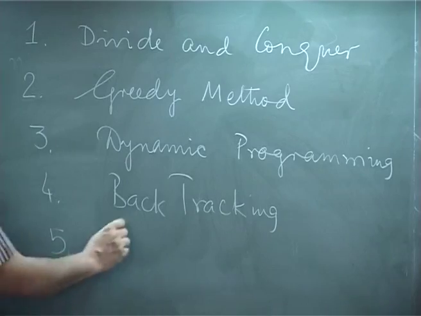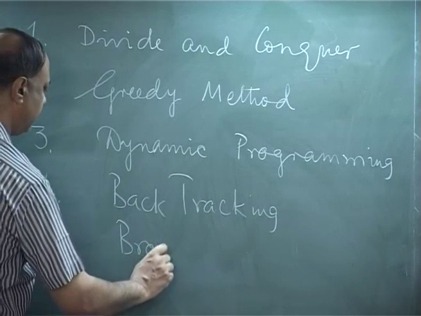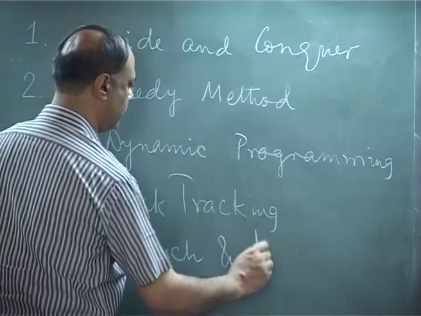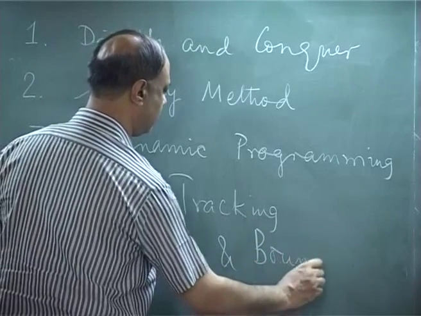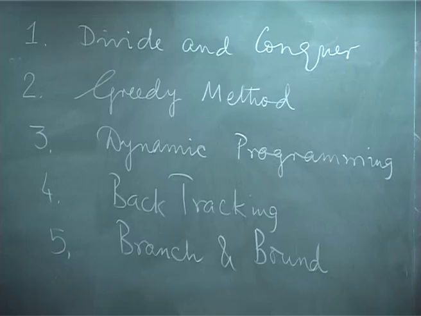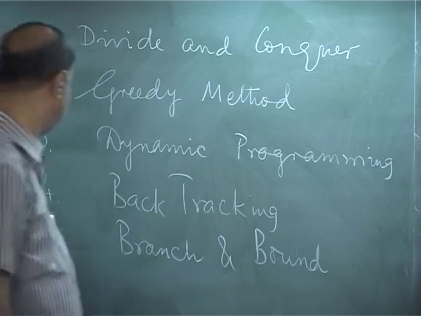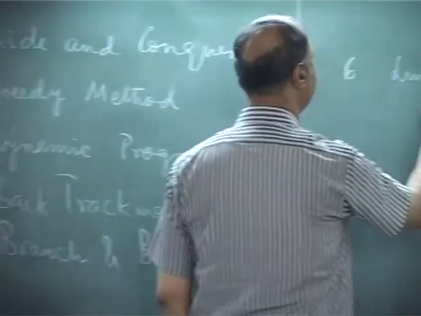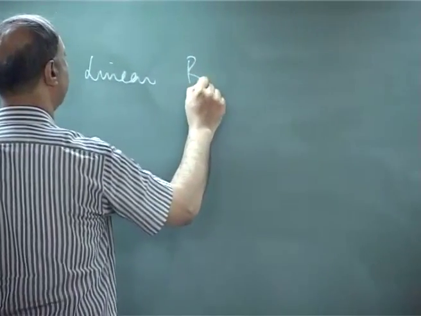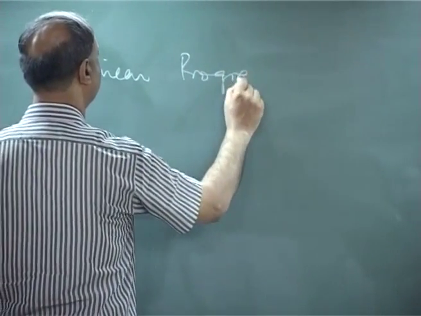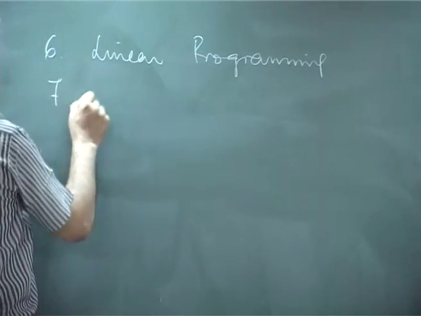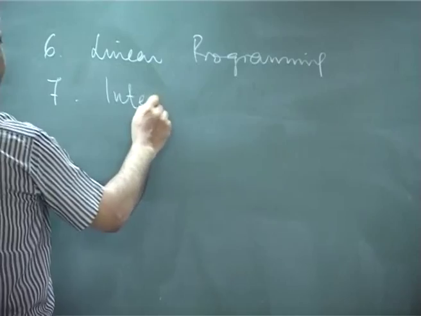The fifth one is branch and bound. Then you have linear programming, integer programming, and so on.